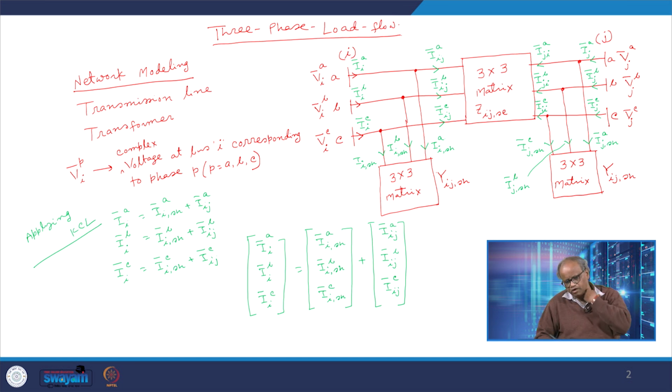Y_ij shunt is the half line charge susceptance matrix of the line between bus i and bus j.